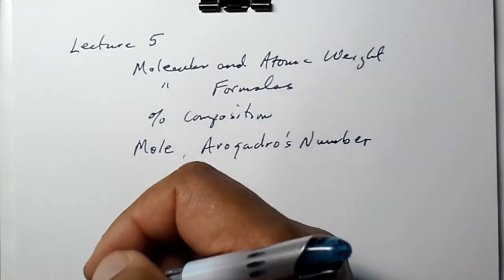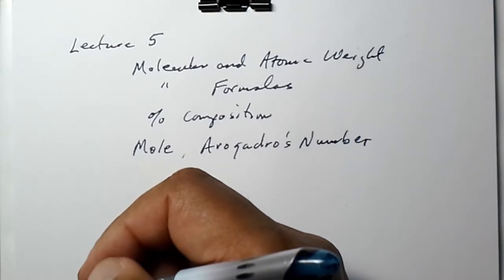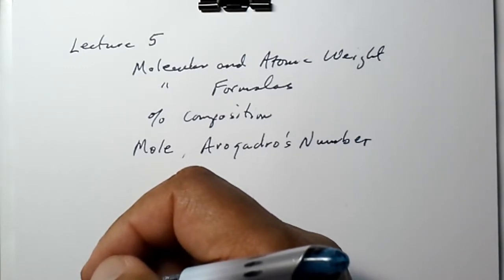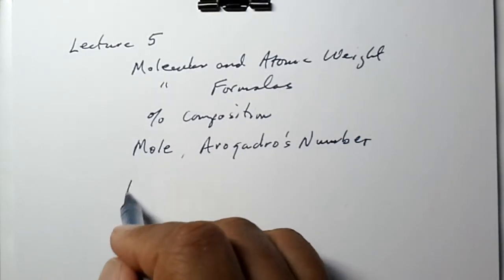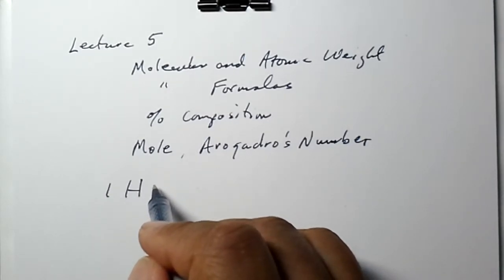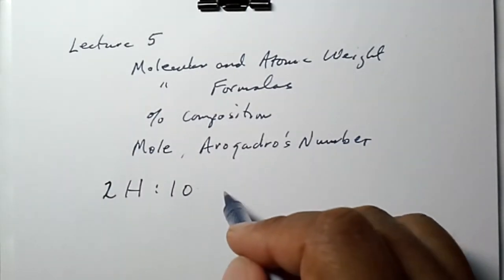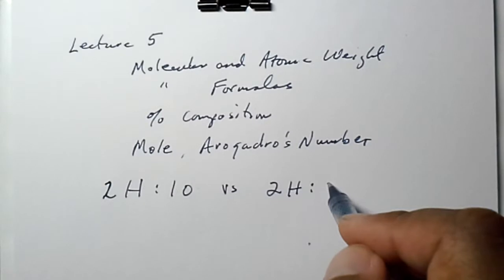Alright, so this is important to know because in analyzing compounds, to know the ratio of different atoms to one another in a compound, in a molecular formula, it's important to know that because a simple change like the ratio of two hydrogens to one oxygen is very different from two hydrogens to two oxygens.